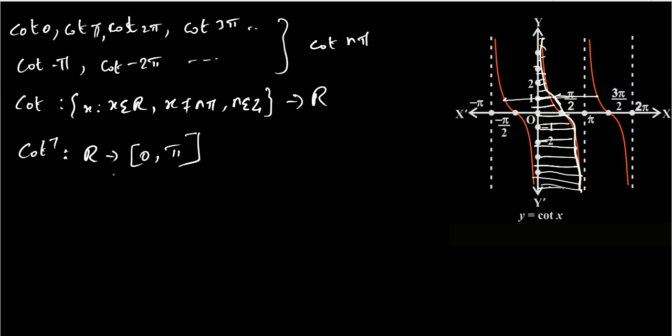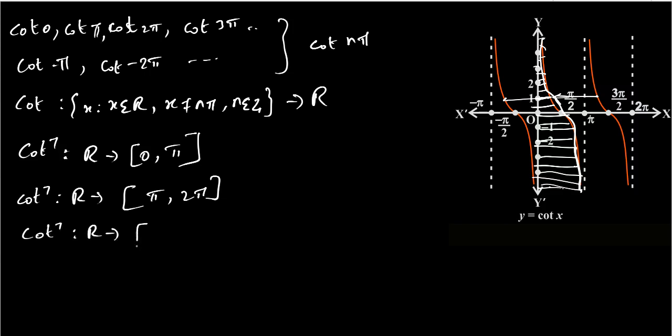Likewise we can take all the other branches also. Cot inverse from R to pi to 2 pi also. Likewise on the negative side, cot inverse from R to 0 to minus pi, and cot inverse from R to minus pi to minus 2 pi.